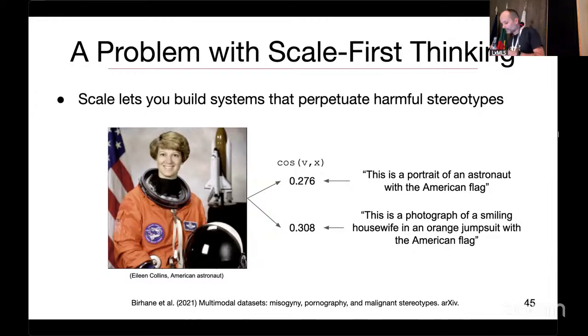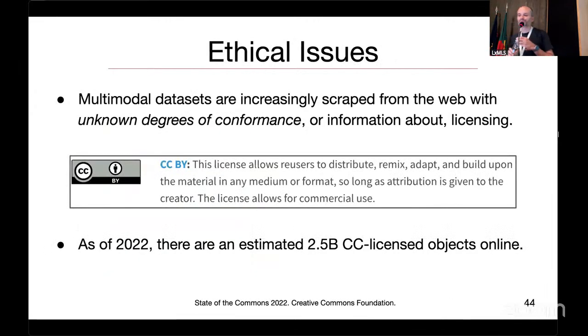So the question is whether the 2.5 billion Creative Commons licensed objects have been cataloged. The answer is yes. And I think maybe something like 500 million of them are just scientific artifacts, like models or the outputs of experiments.